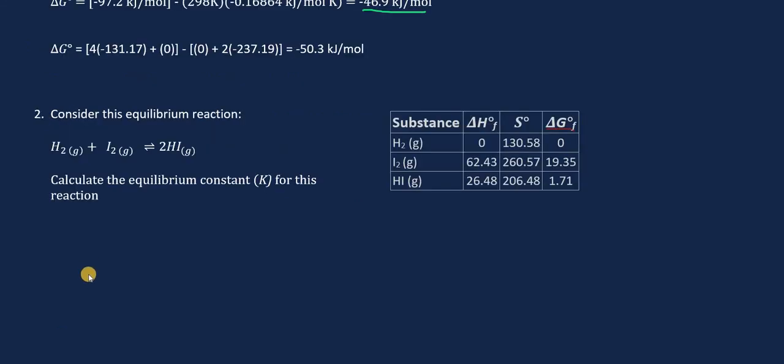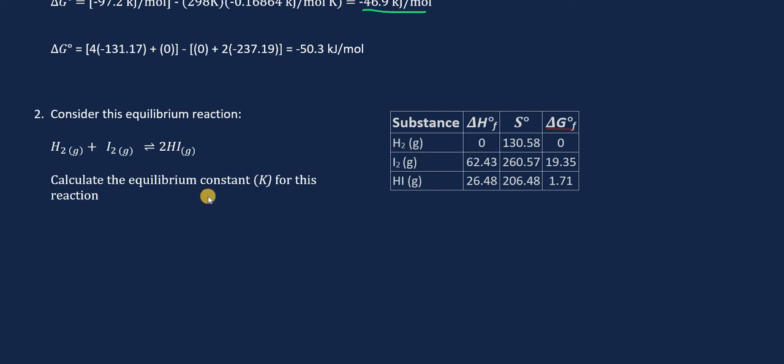So we've got this question here. We've got this equilibrium reaction where hydrogen gas and iodine gas are at equilibrium with hydrogen iodide gas. And we've been asked to calculate the equilibrium constant K for this reaction.